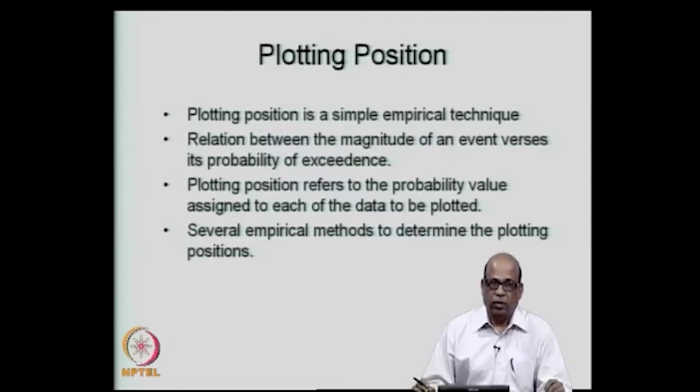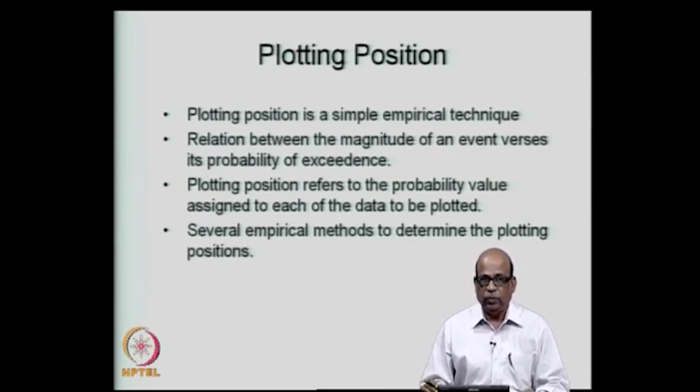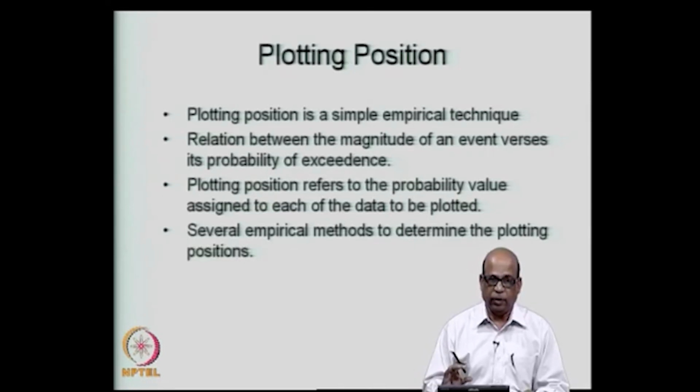So, the plotting position is a simple empirical technique. There is not a rigorous analytical basis for the plotting position, and what we do in this is that we use the fact that there is a relationship between the magnitude of an event versus its probability of exceedance. This exists, and this relationship is what we are capturing or depicting through the plotting position.